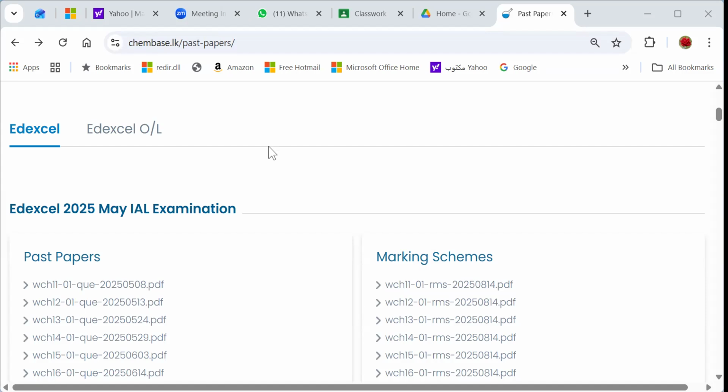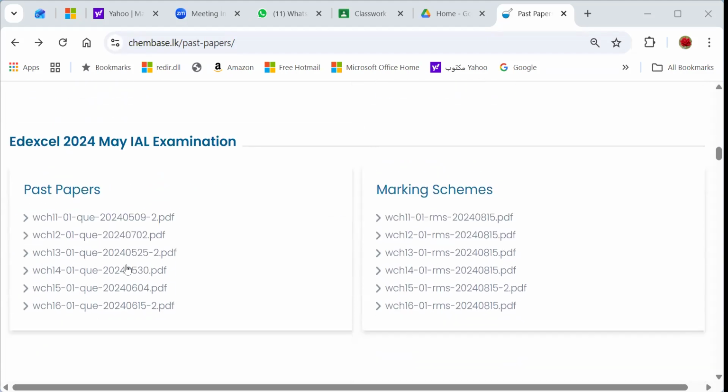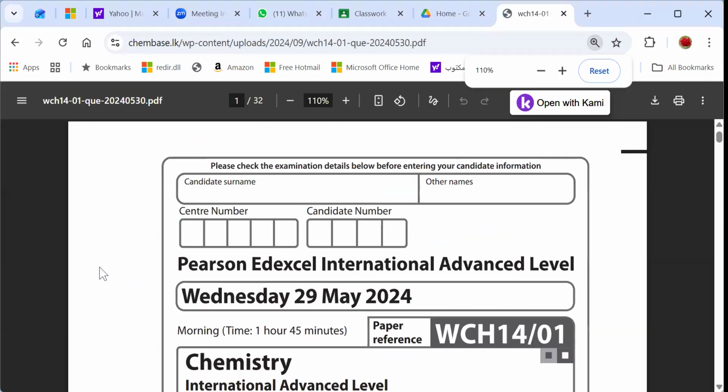Let me see, for example, May, I'm going to start with this. And of course, whenever we have time, we are going to complete, because this I wrote on it, very important. May 2024.